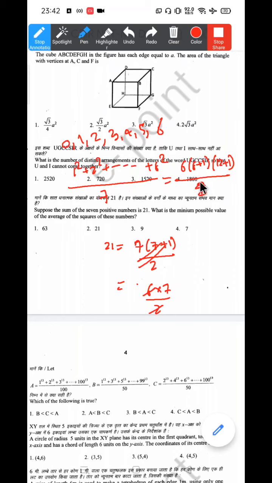No, upon 2. So this will be 7 into 13, into 6 into 3, correct? We need to divide by 7 also.